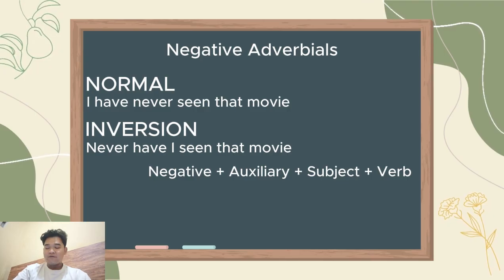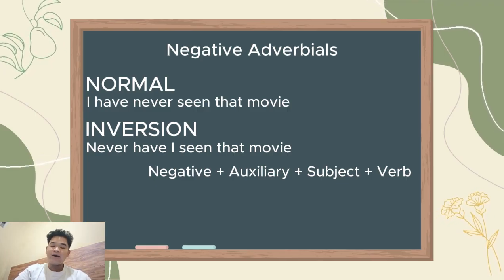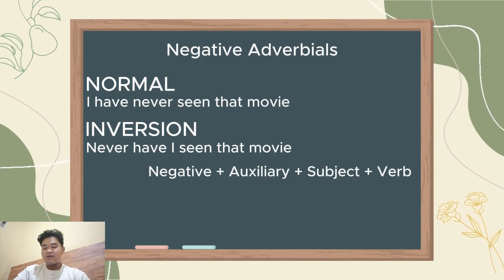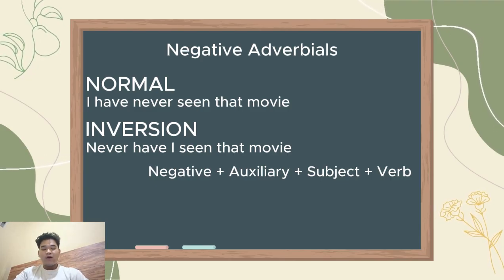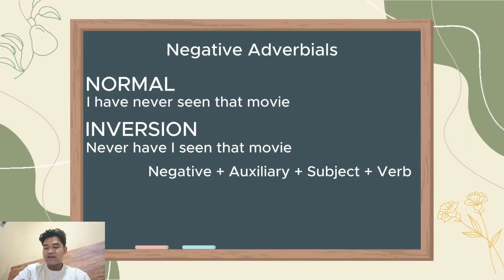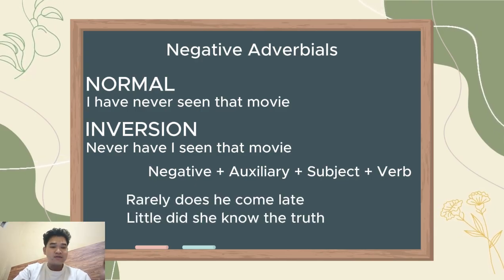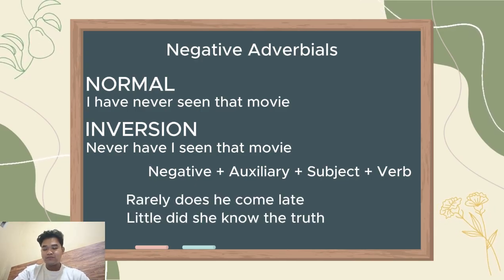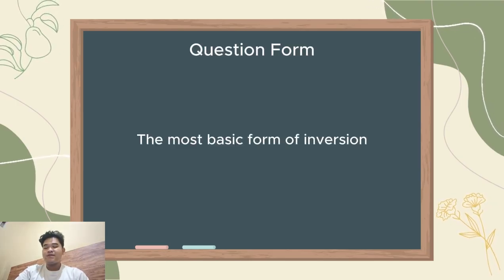So after never, we follow with have and then the subject I and then the verb. So the sentence is, "Never have I seen that movie." More examples for this type of inverted sentence are, "Rarely does he come late," and "Little did she know the truth."